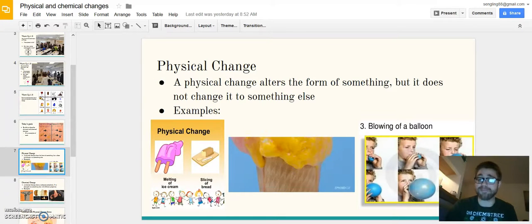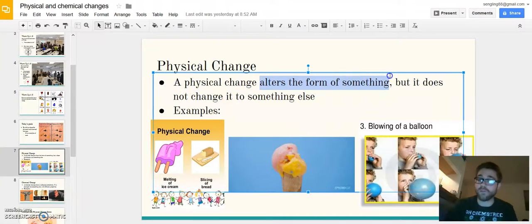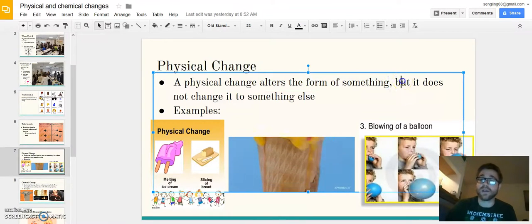By another subject, I mean more chemistry, and we're moving on to chemical and physical changes. A physical change is a change that alters the form of something. That means it alters what it looks like, but it does not change it into something else.